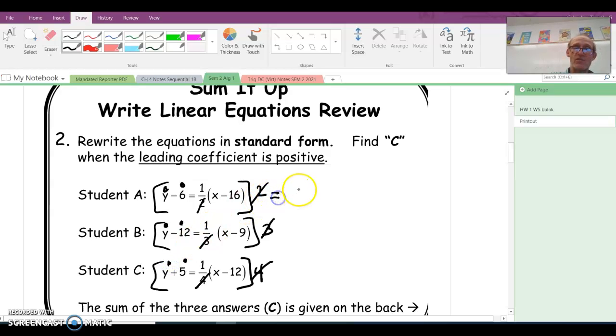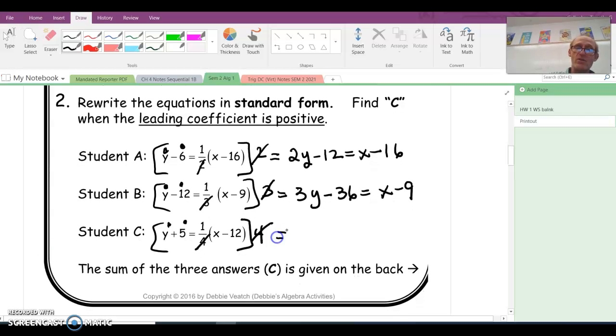So this is now 2y minus 12 equals x minus 16. This is now 3y minus 36 equals x minus 9. And this is now y plus, whoops, you've got to multiply by 4, 4y plus 20 equals x minus 12.